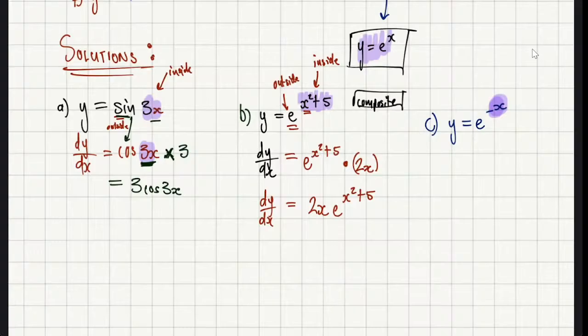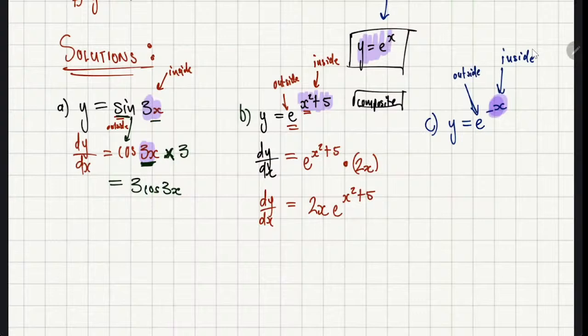And the method we introduced for this is the chain rule, which says differentiate the outside without changing the inside. Then multiply by the derivative of the inside. So here the inside is the one which took the place of x. This e is the outside.